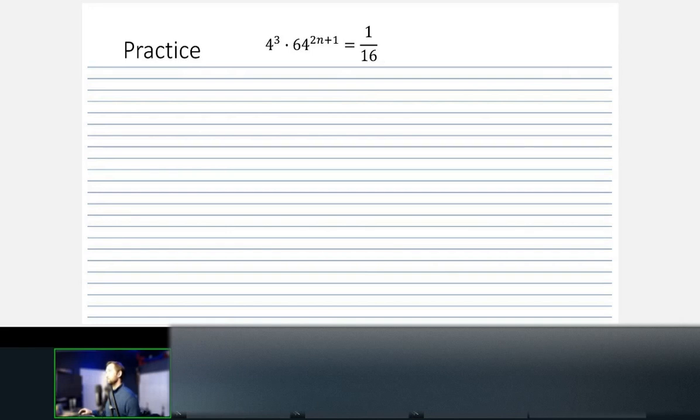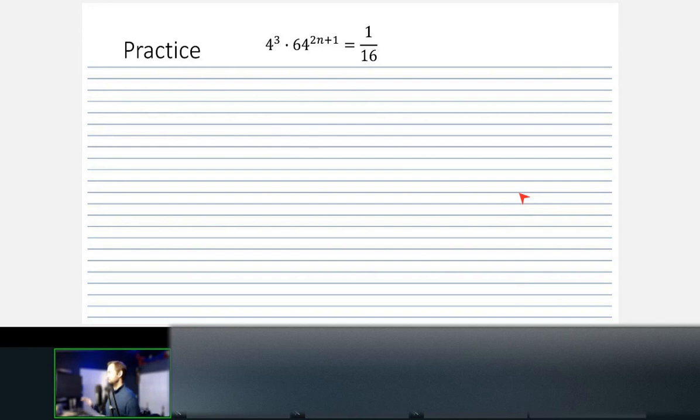Okay, so what did everyone make their bases become? So what's the base on both sides? So everyone chose a 4. Did anybody choose a 2? Anybody? So 4 works, 2 also works.